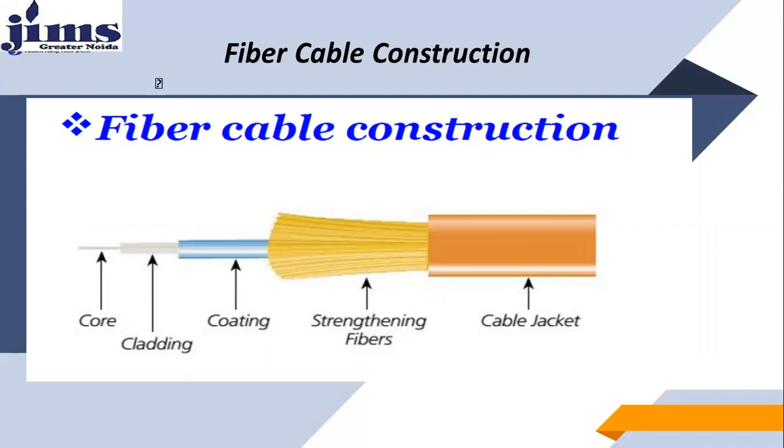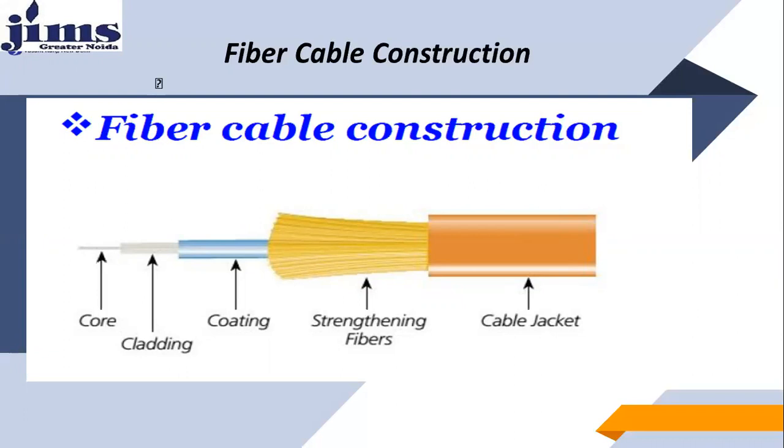So this is the structure of optical fiber, having three regions: the middle central region is the core, the next is the cladding, and the outer region is the coating to protect the cladding and core. Now, after that, we have a layer of jacket.